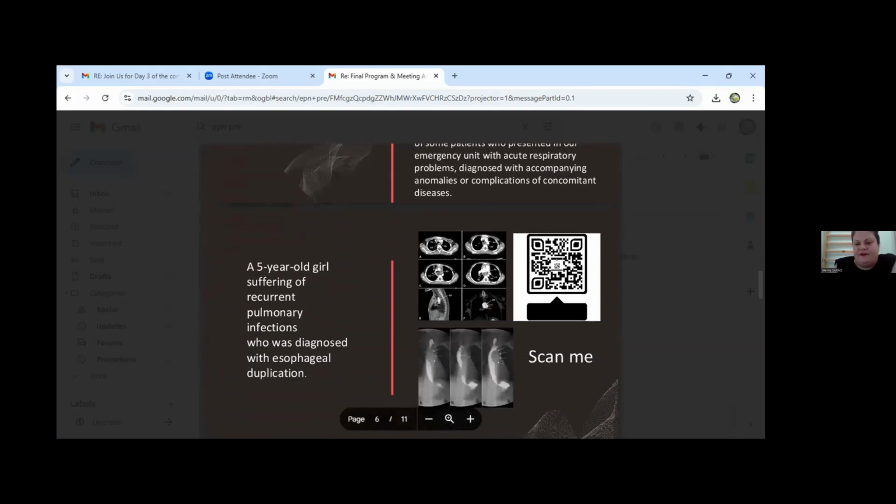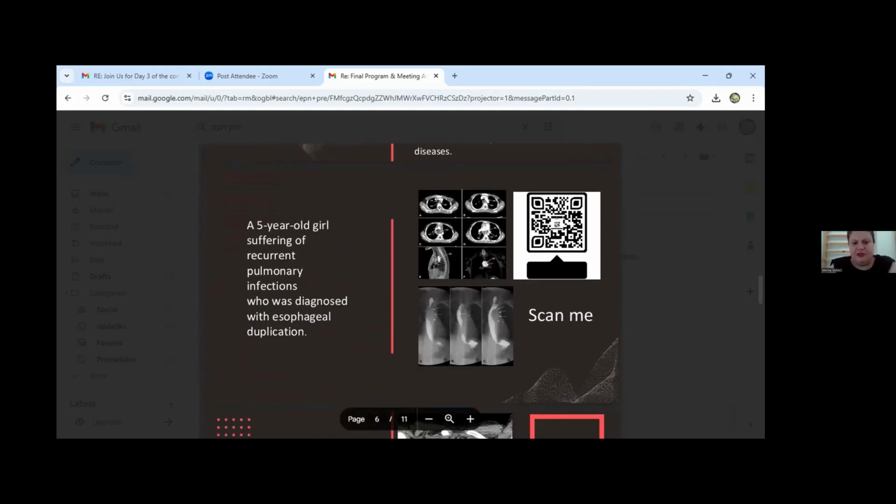For example, the first case is a 5-year-old girl suffering from recurrent pulmonary infections who was diagnosed with esophageal duplication. We show you the CT scan imaging that shows the duplication in the picture. Also a very good imaging is the esophagogram.